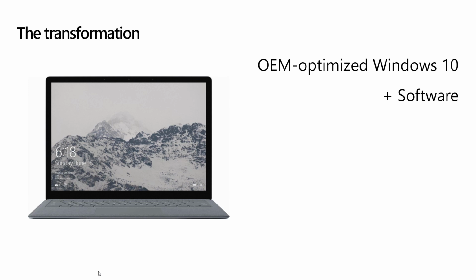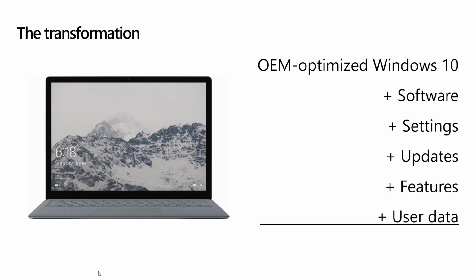You did it previously just once, but you can deploy software, settings, updates, you can configure features, and user data comes back if we use OneDrive, I will talk about that a bit later, and the device is ready for productive use.